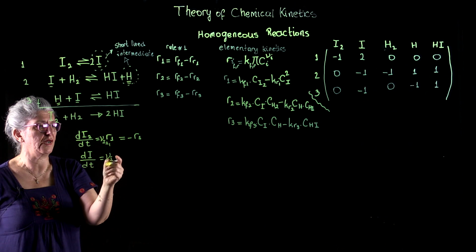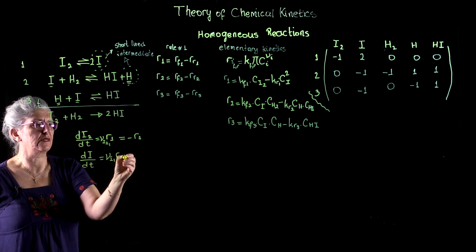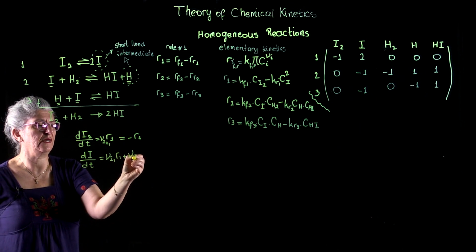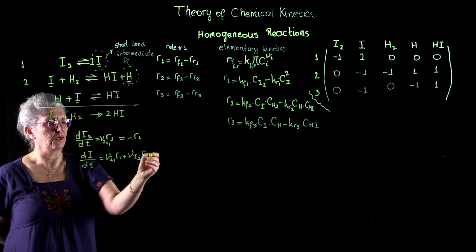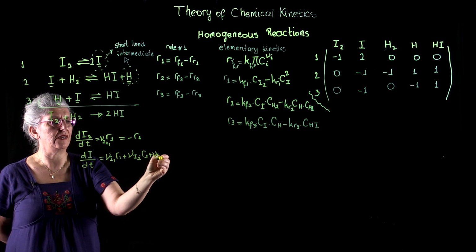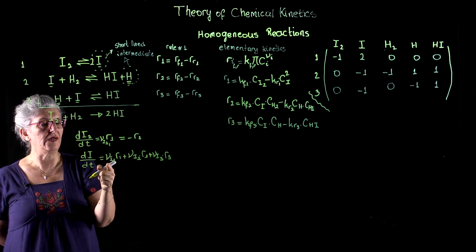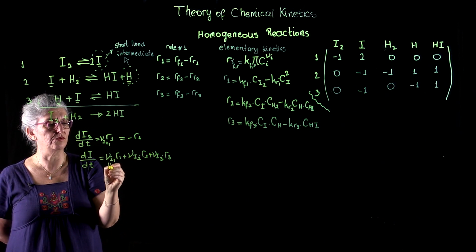So this is nu I in reaction 1 times R1 plus nu I in reaction 2 times R2 plus nu I in reaction 3 times R3. Nu I in reaction 1 is equal to 2.